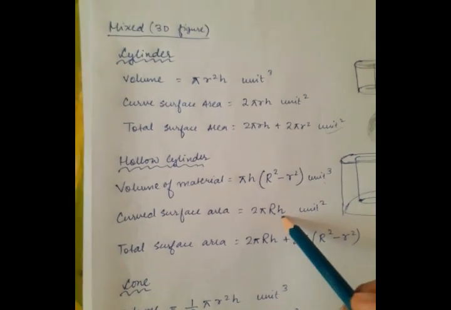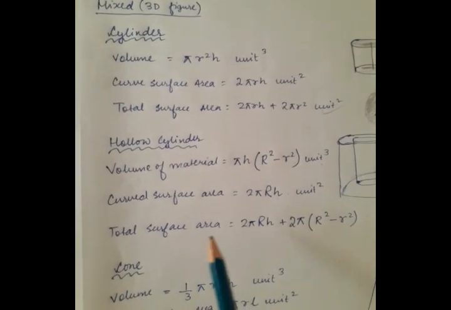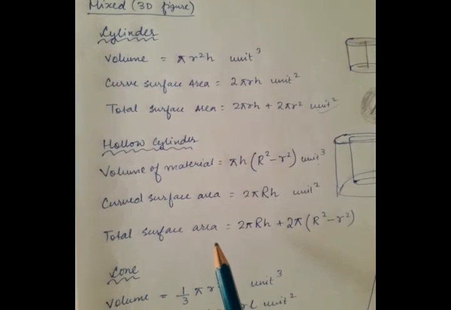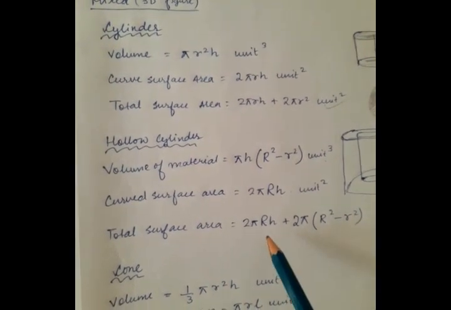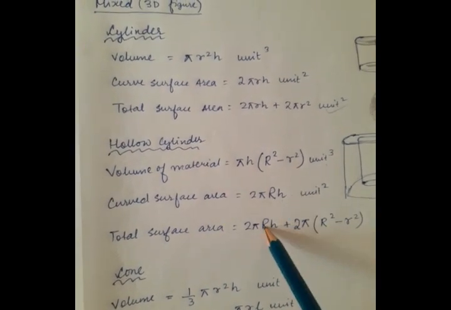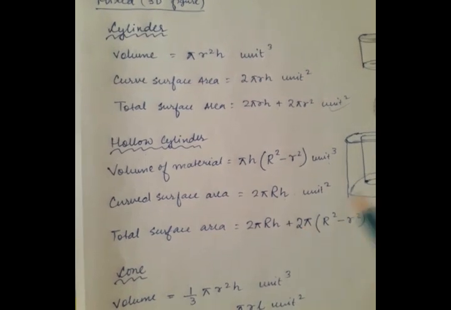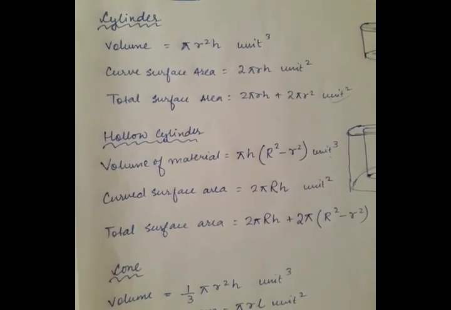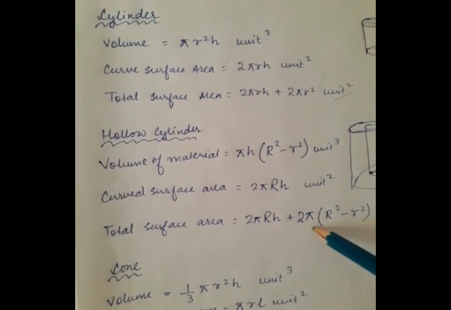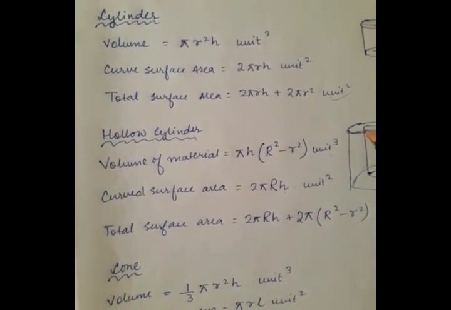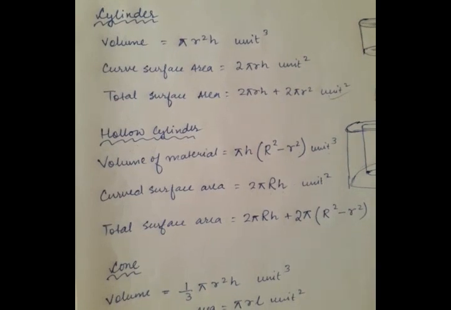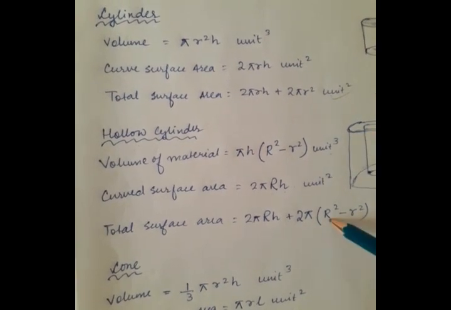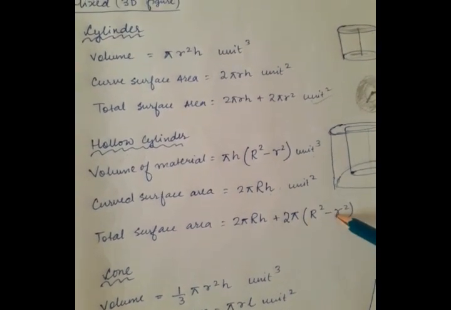For total surface area, it is quite complicated, so be cautious about that. This will be added with the area of the concentric circles, that is 2 pi (R square minus r square).